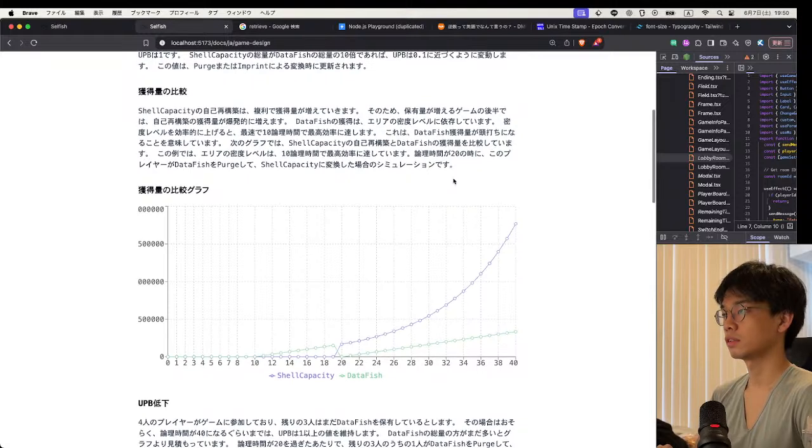On the other hand, to acquire data fish, the amount of data fish to increase is based on the density level in the area.